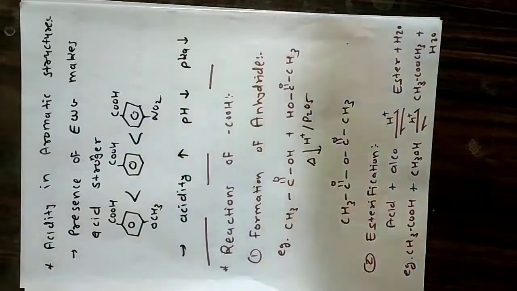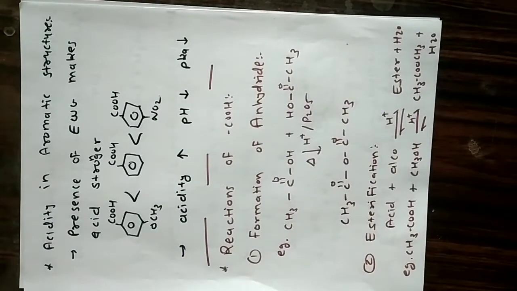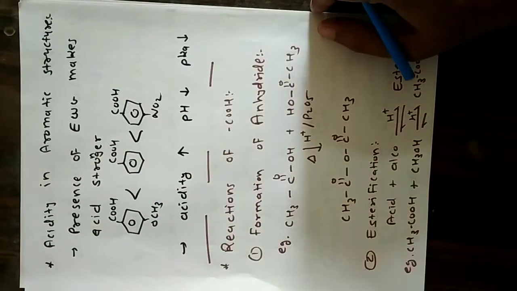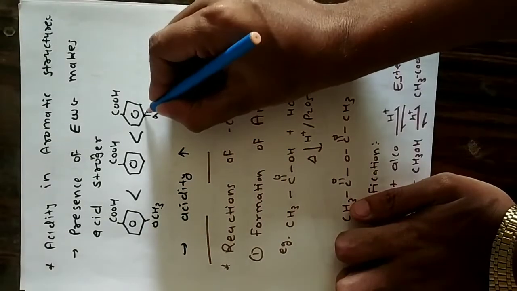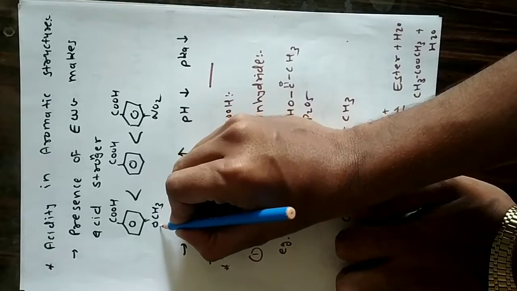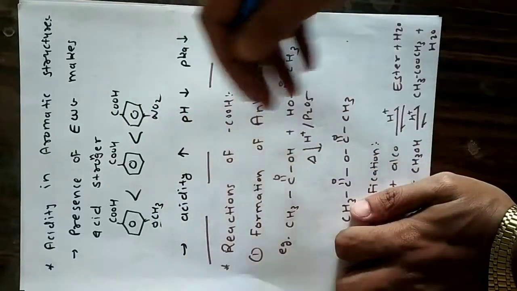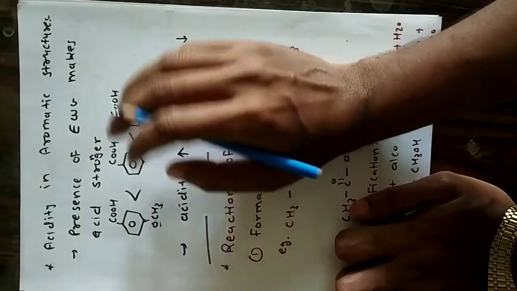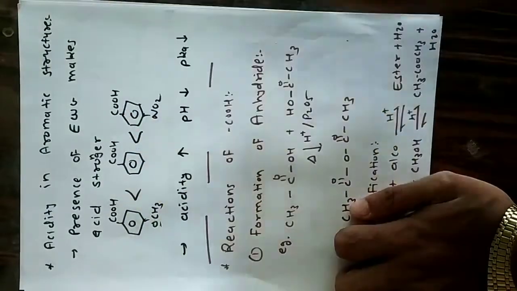Now, what is the acidic property in aromatic structure? So here also presence of electron withdrawing group makes acid stronger. You can see these three structures. NO2 is electron withdrawing group. OCH3 means ether group, that is electron donating group, and this one has no group on it other than COOH.